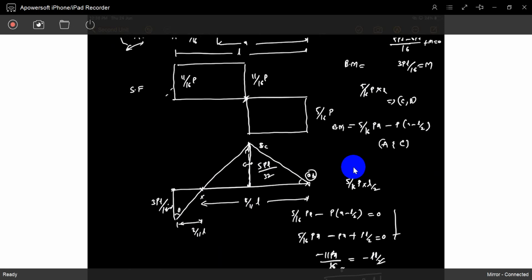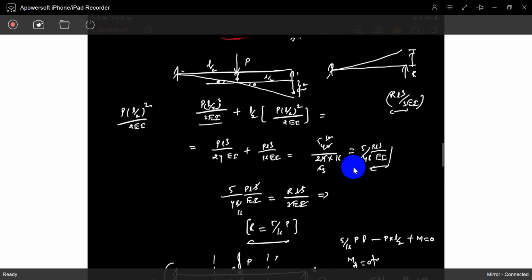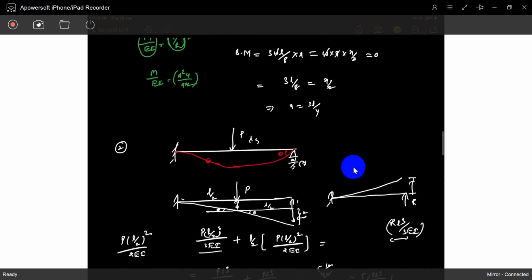There are no values, just W, L. Find the deflection and rotation at this location. With fixed values, L by 2, L by 2, find the deflection under this load and also the rotation at this load. Can you calculate? Easily calculated.